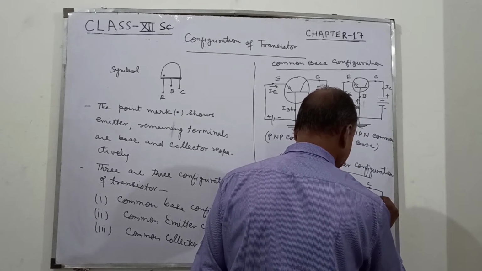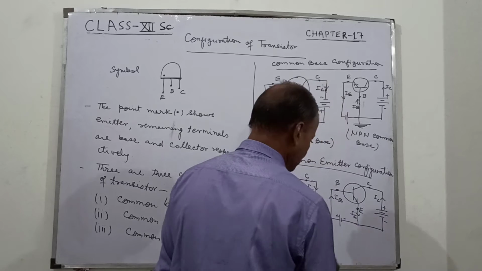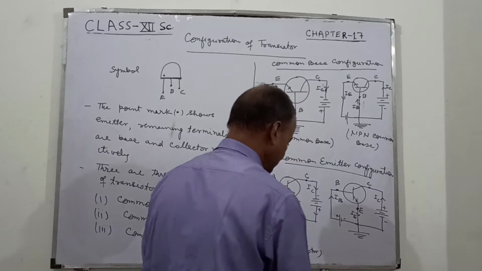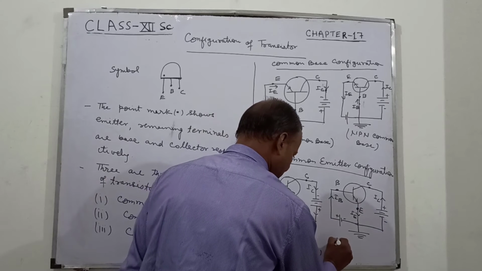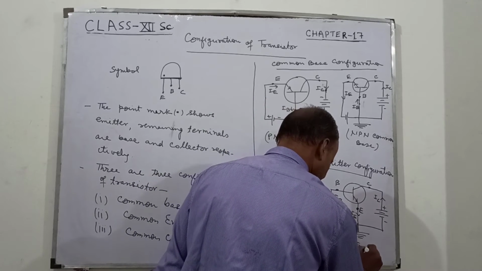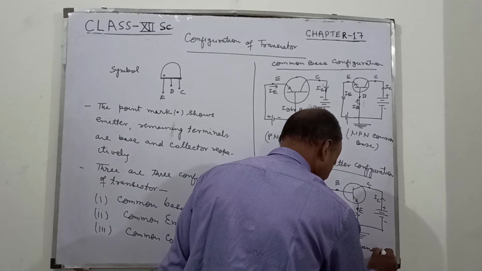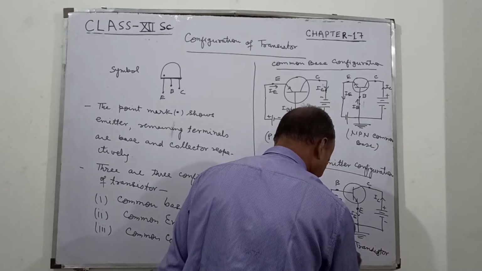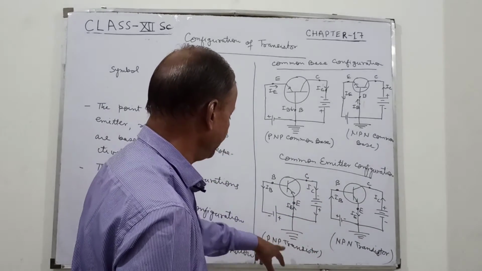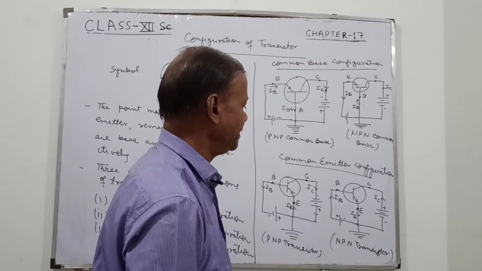This current is IC, and this part is earthed like this. So this is NPN transistor. This is the common emitter configuration of PNP transistor and NPN transistor.